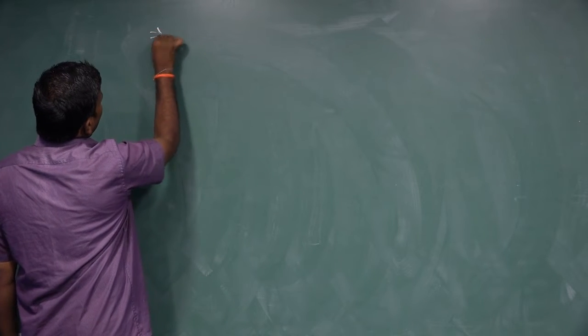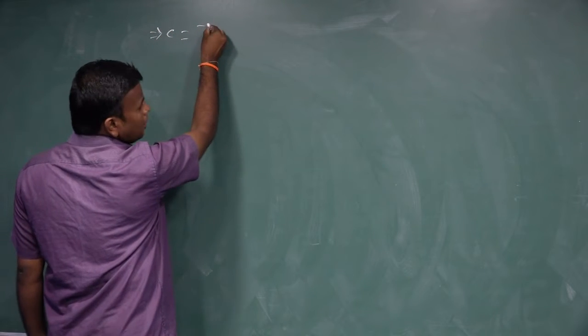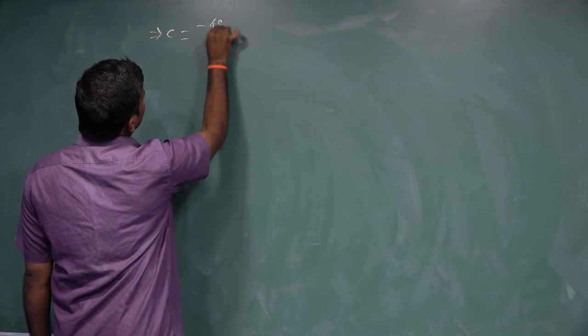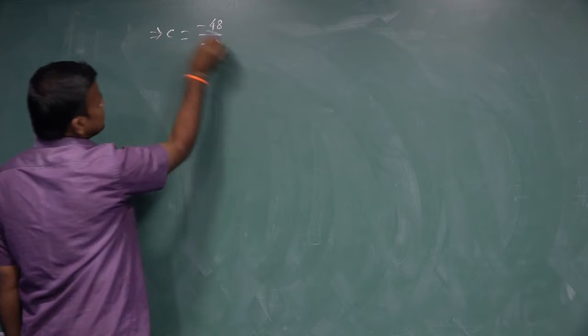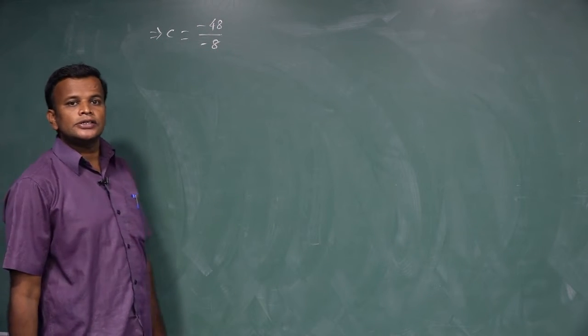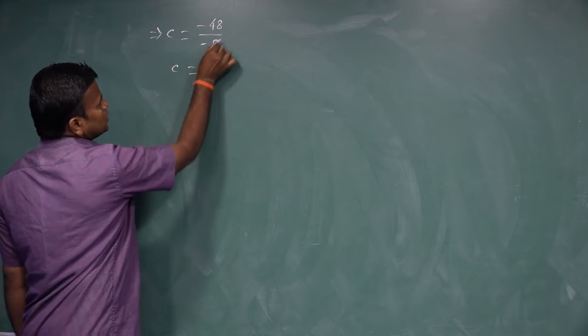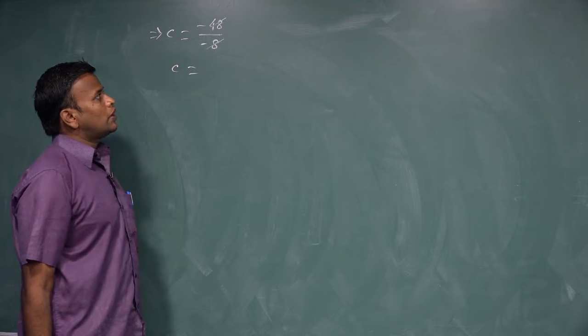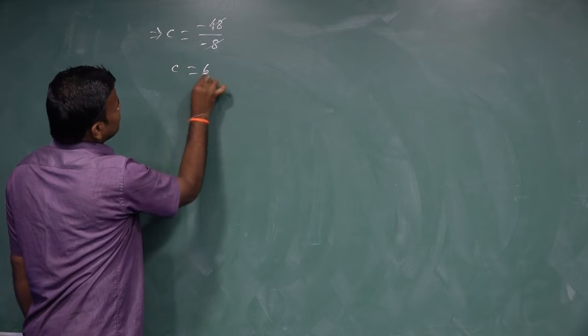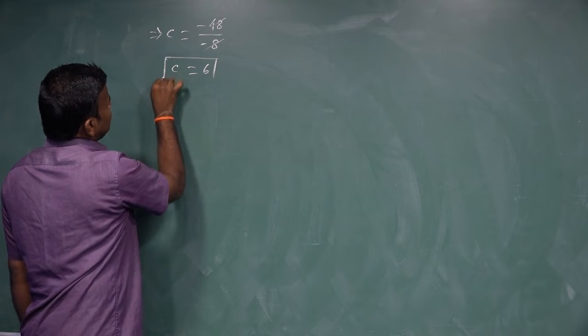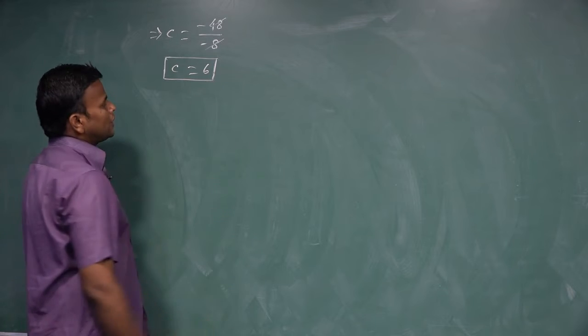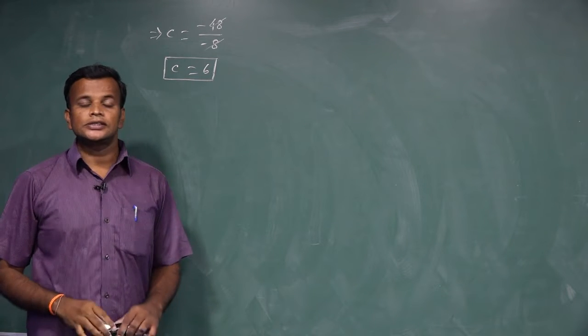So the value of C is minus 48 by minus 8. Minus by minus is plus. In the 8th table, 48 is exactly 6 times. 6 8s are 48. So we find the value of C. The value of C is 6.